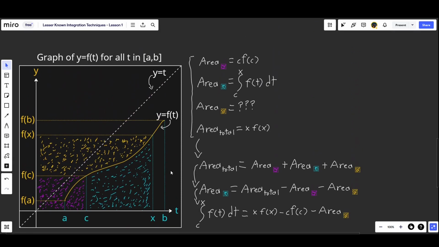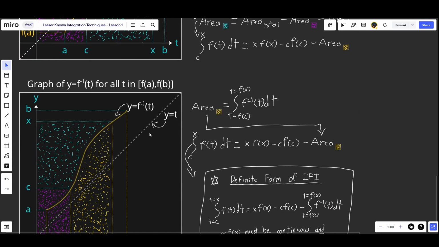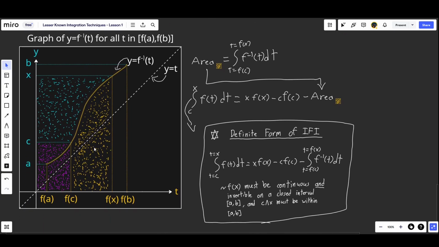By reflecting the areas across y equals t as well as f of t, we can see that the orange area is an area beneath the curve of the inverse of f of t and can hence be calculated by a definite integral of the inverse of f of t from t equals f of c to t equals f of x.